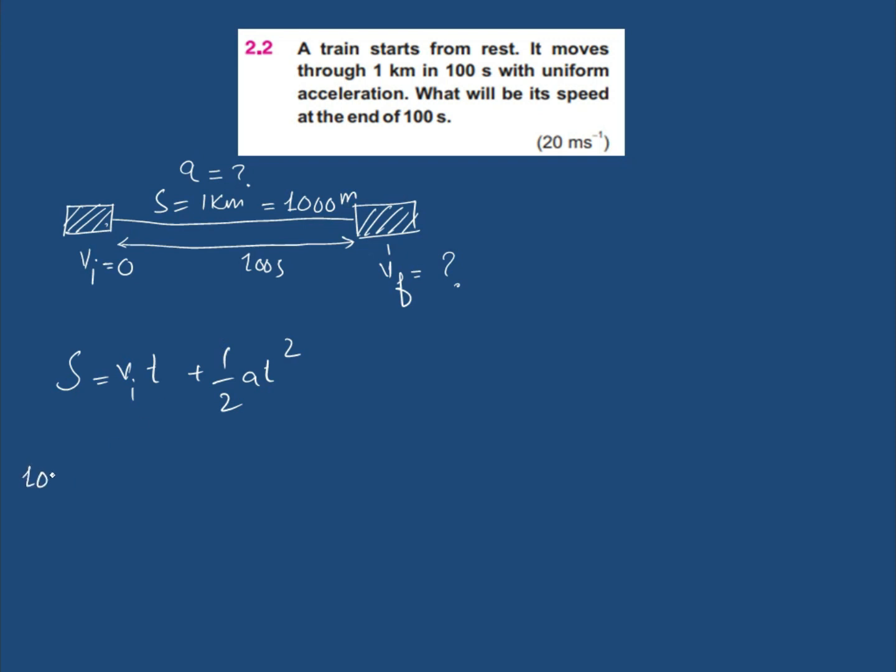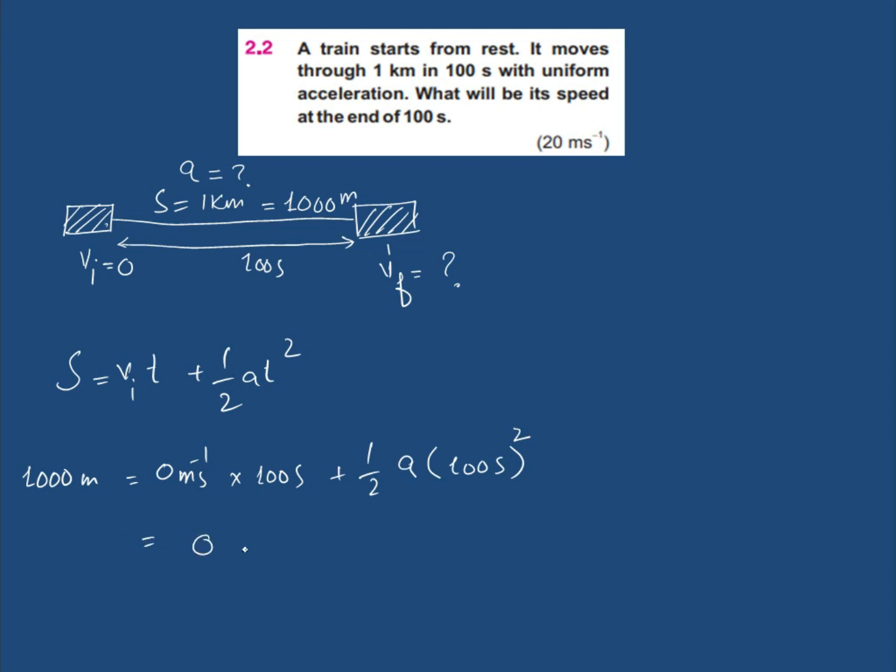Now distance is 1000 meters, equal to initial velocity 0 meters per second multiplied by 100 seconds, plus half, we have to find a, times the time, which is 100 seconds, squared.